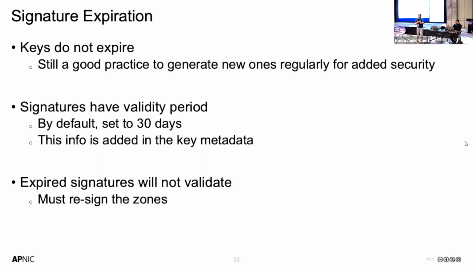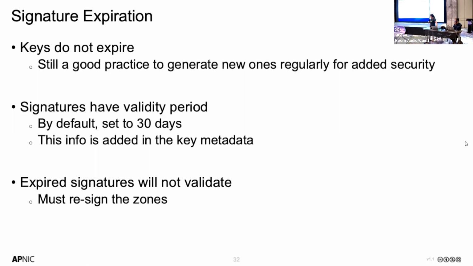If you're generating your ZSK maybe every year, if you don't think your records are as sensitive, then you generate KSK maybe every couple of years or every 3 years. Again, it's an operational choice. Something that you have to decide in a policy statement before you start implementing DNSSEC.